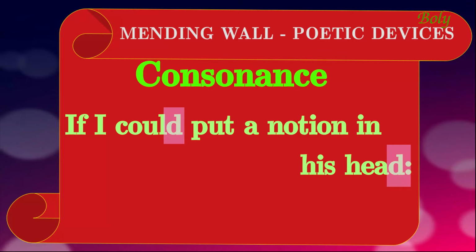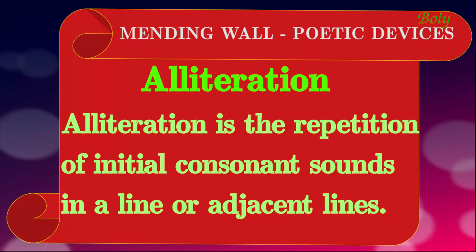Find it out. The next one is alliteration. Alliteration is repetition of the initial consonant sounds in a line or adjacent lines. We saw the repetition of consonant sounds in the middle or end of the words in consonance. Alliteration, again it is the repetition of consonant sounds, but this repetition comes in the beginning of the word.